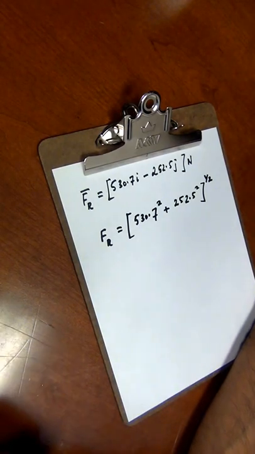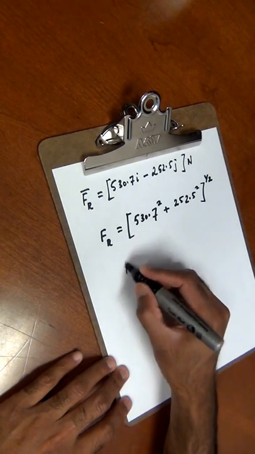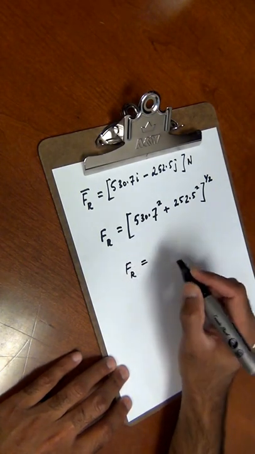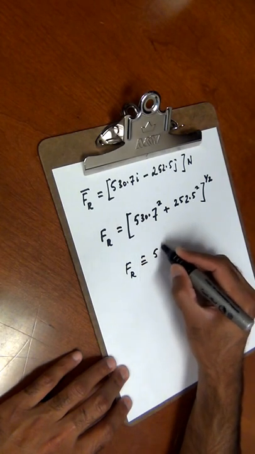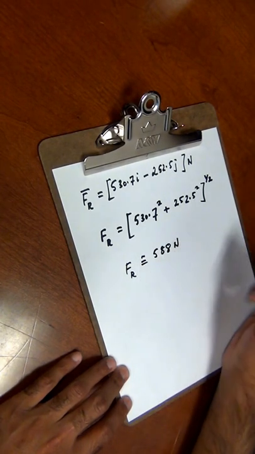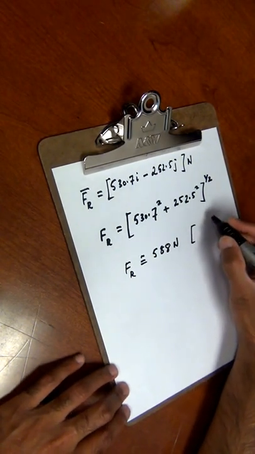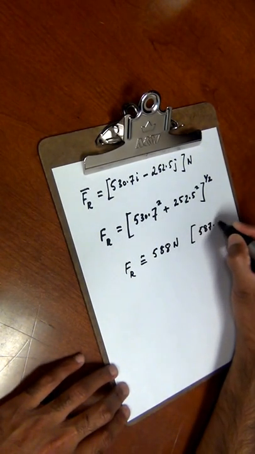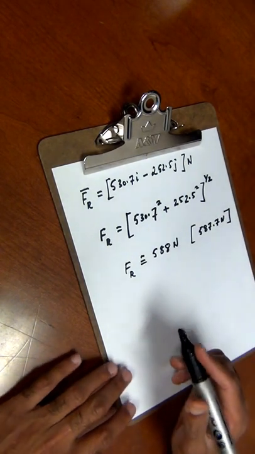Components are equal to projections in the Cartesian system, and so if I do this calculation, I find that Fr is approximately 588 newtons. I think the answer that I got in my calculator was 587.7 newtons, rounding it up to 588.